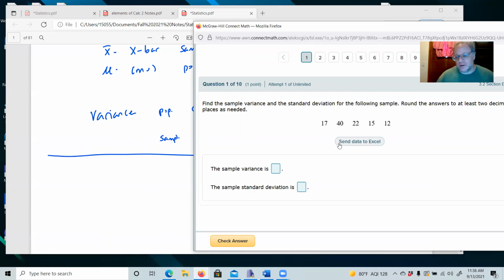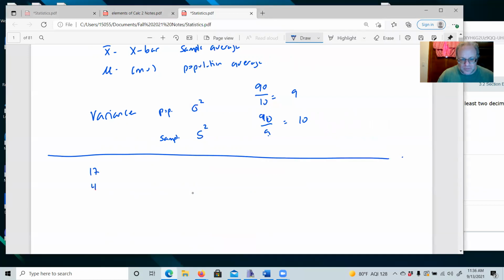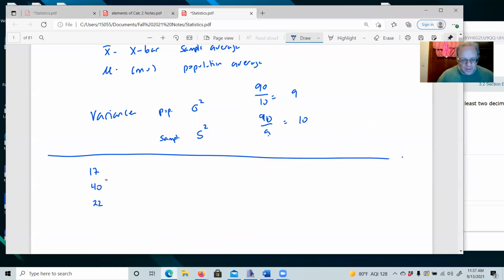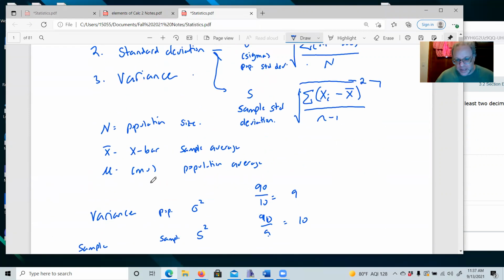We're going to make a column: 17, 40, 22, 15 and 12. Remember, this was a sample, so we're going to be using the sample standard deviation formula.